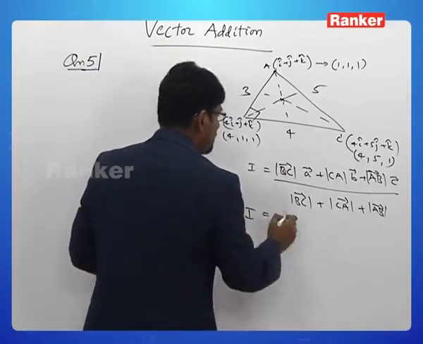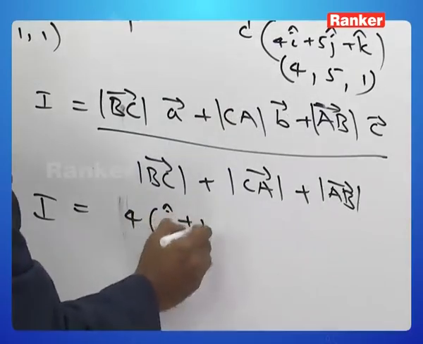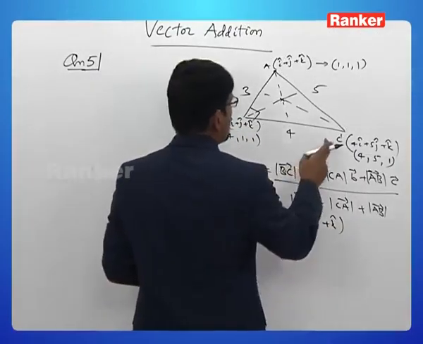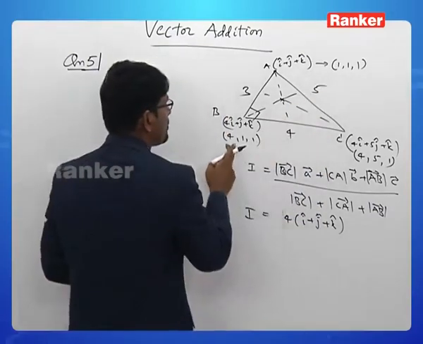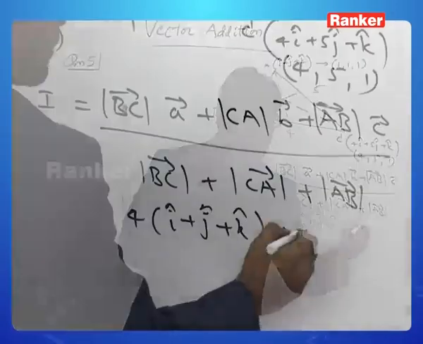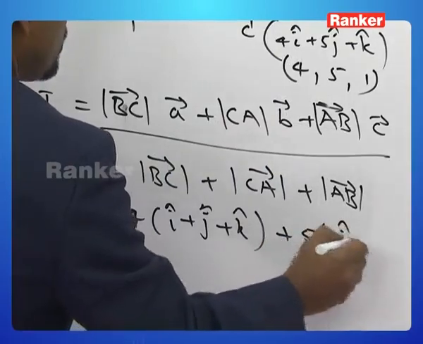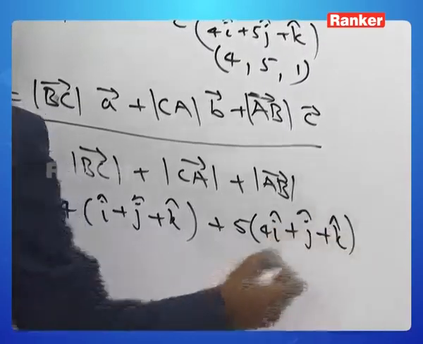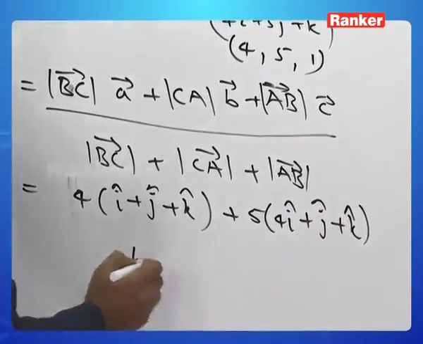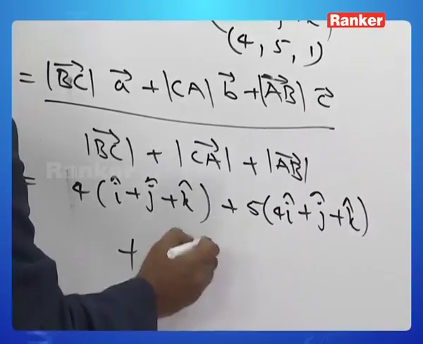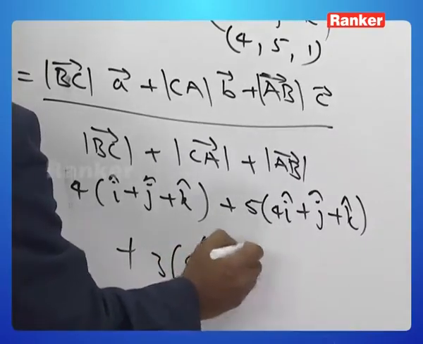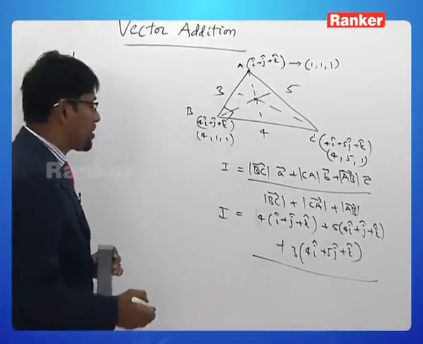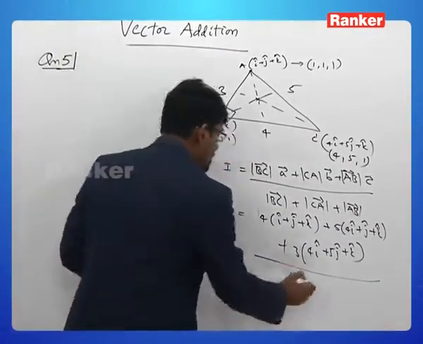So, 4 into i plus j plus k, plus 5 into 4i plus j plus k, plus 3 into 4i plus 5j plus k, the whole thing divided by 4 plus 5 plus 3, that is 12.